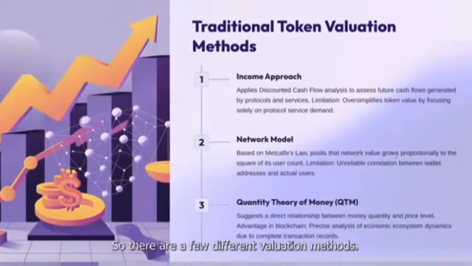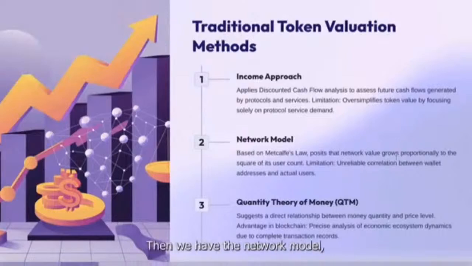There are a few different valuation methods, and this is where things get a bit heated because there's no objective way to value different cryptocurrencies. One method that we've borrowed from more traditional financial theory is the income approach, which uses things like discounted cash flow analysis to assess future cash flows.